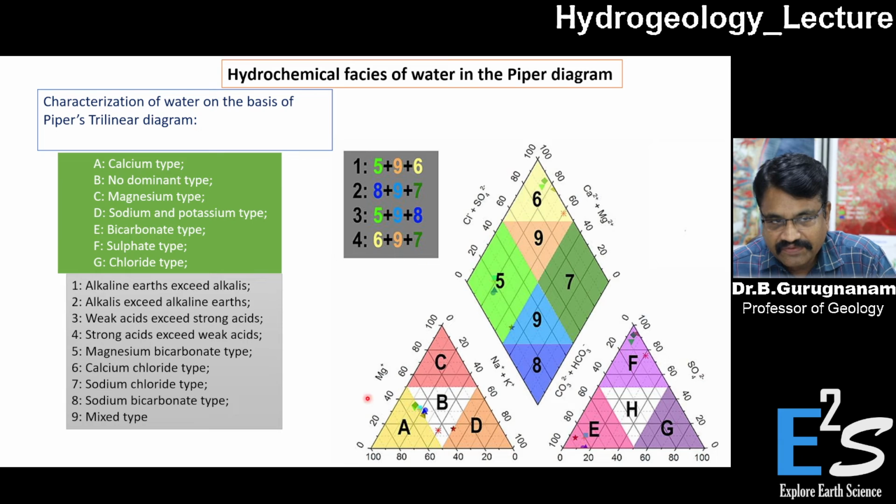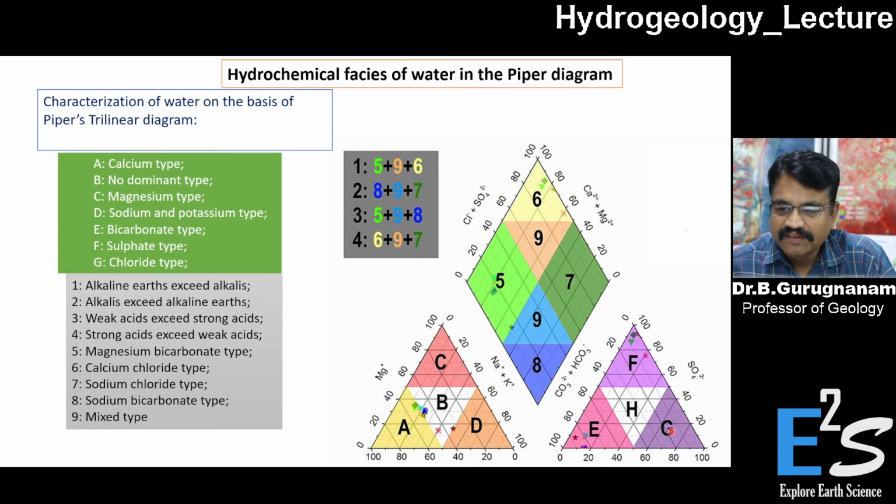From this plot we can interpret A is calcium type, because calcium is 100% here. B is the center part, no dominance. And H is the center part of anions, no dominance. C is magnesium 100%, magnesium type of water. And if your sample falls here, it is a sodium and potassium type water.